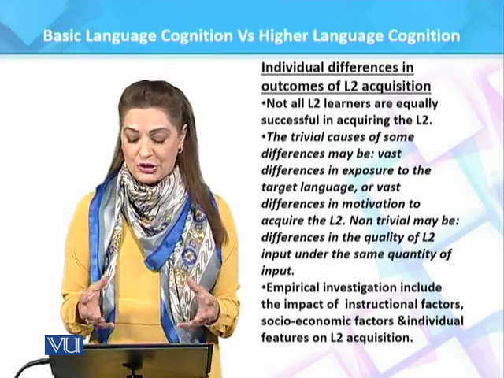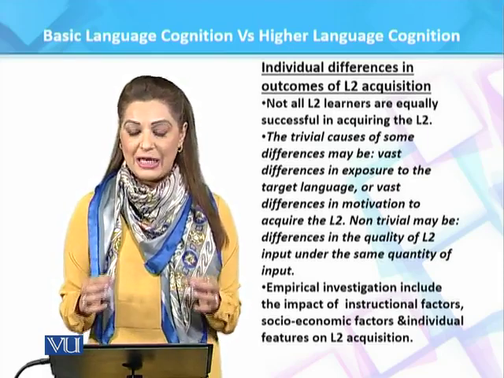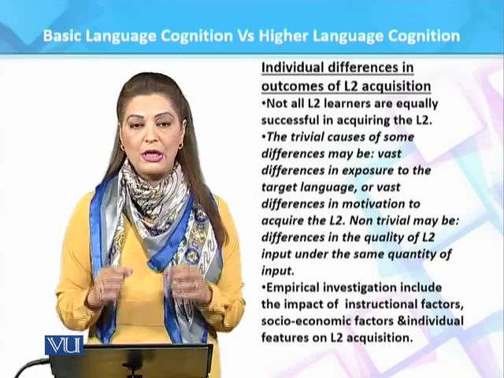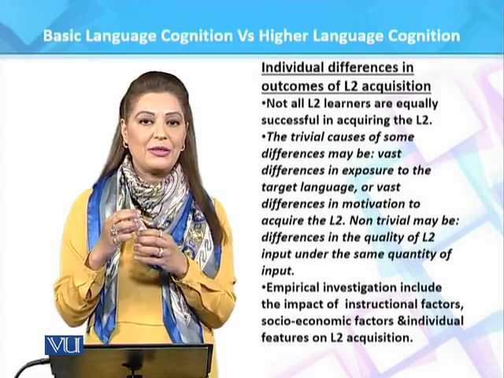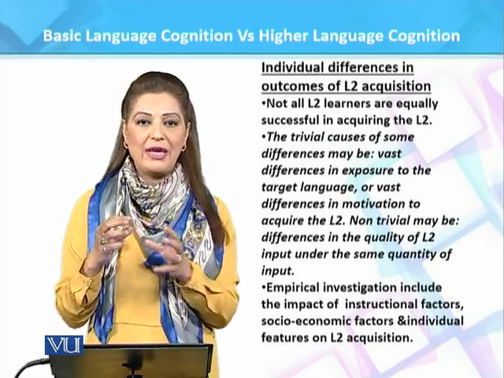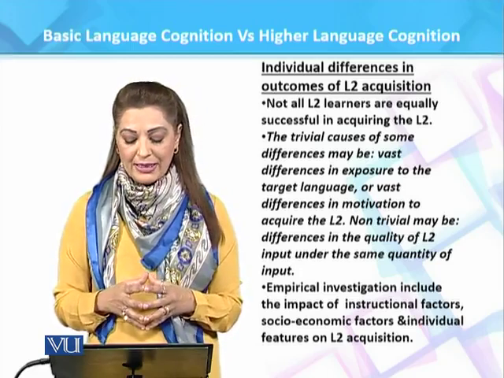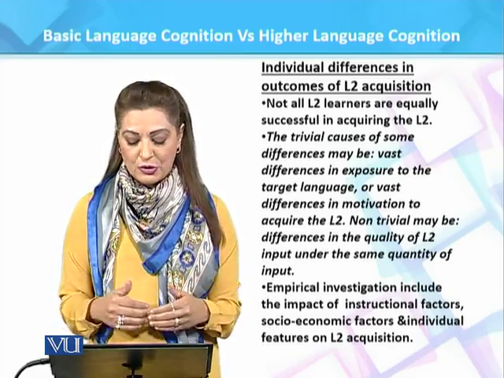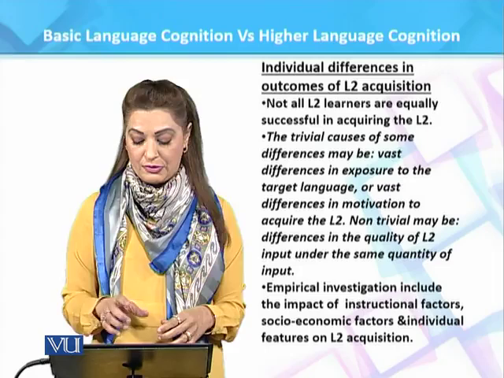Non-trivial or major causes can be the quality of second language input under the same quantity of input. So the same quantity is given, but under that quantity, the quality of the exposure varies. Empirical investigation includes the impact of instructional factors, socioeconomic factors, and individual factors on second language acquisition.